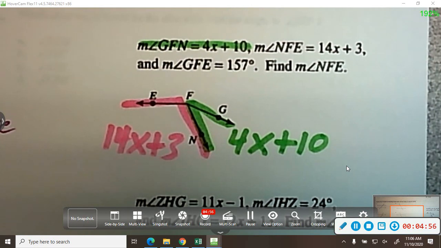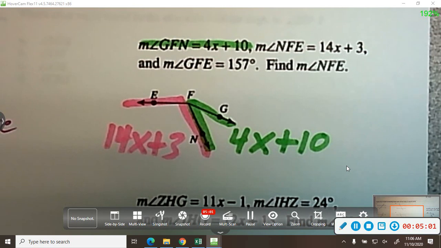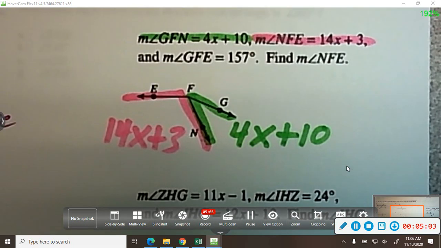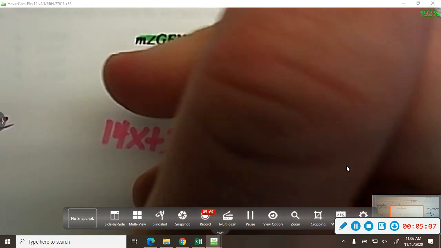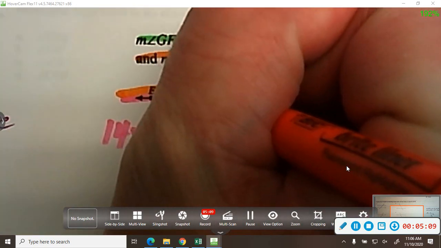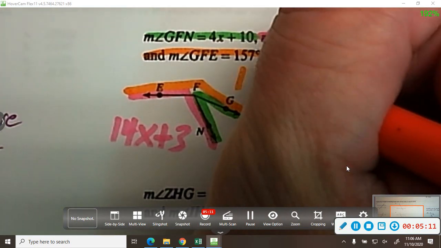And then I also know that the measure of the whole thing is 157.